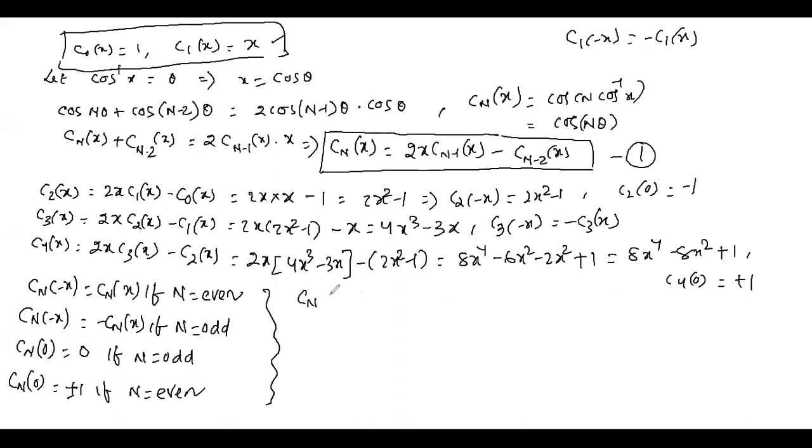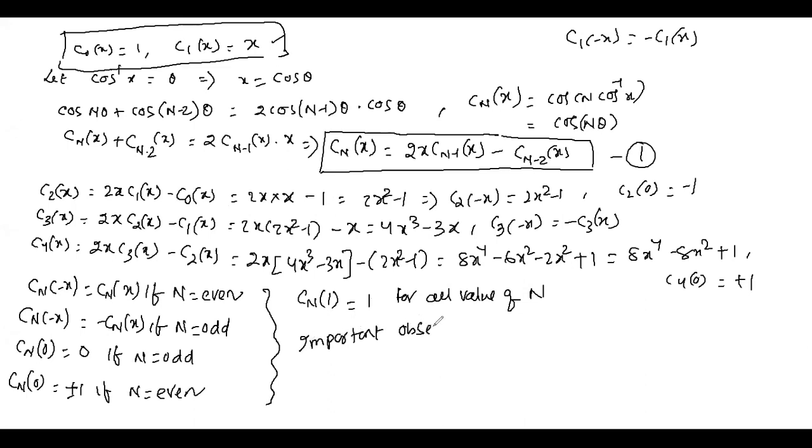Similarly, Cn(1) equals 1 for all values of n. C1(1) is 1. C2(1) is 2·1² − 1 = 1. C3(1) is 4 − 3 = 1. C4(1) is 8 − 8 + 1 = 1. So Cn(1) equals 1 for all values of n. These are some important observations.